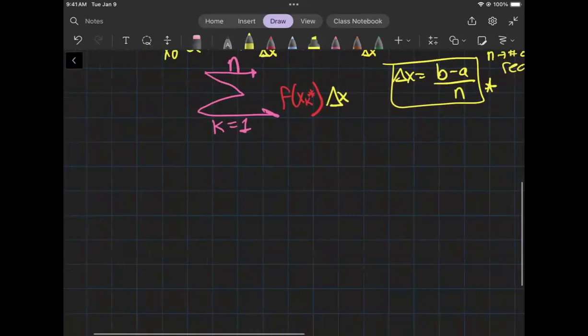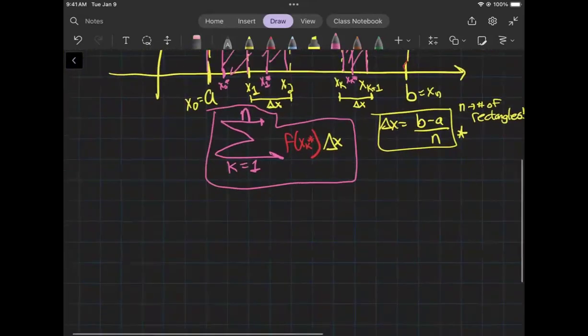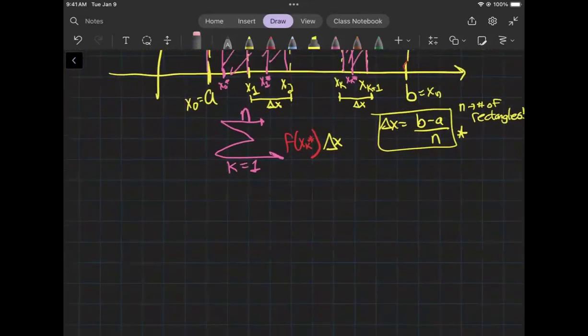Nevertheless, this sum right here would be the approximate area under that curve. And then to get a better approximation, we can just take the limit of that sum as n goes to infinity.